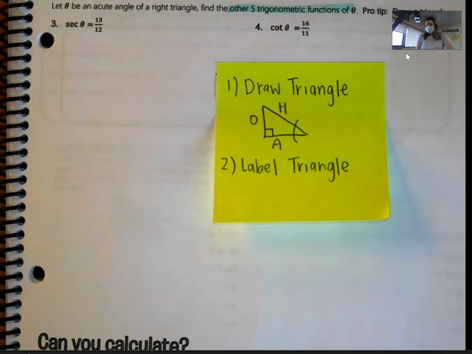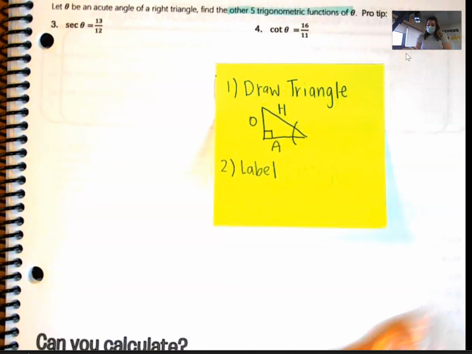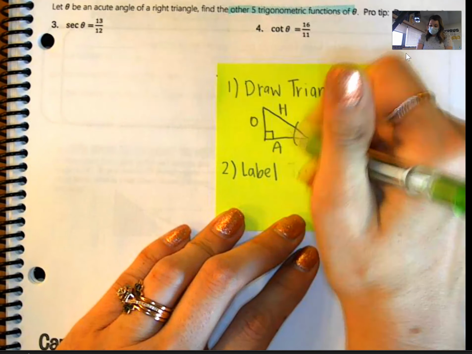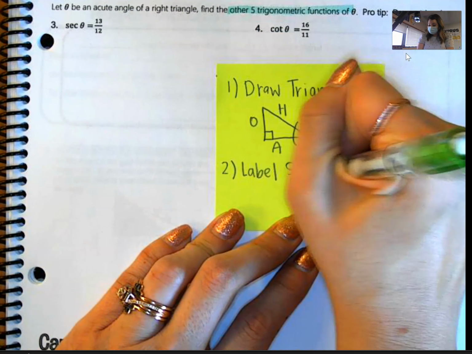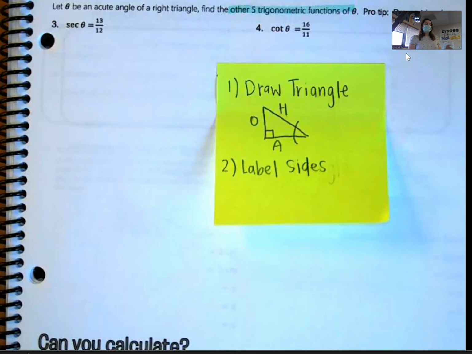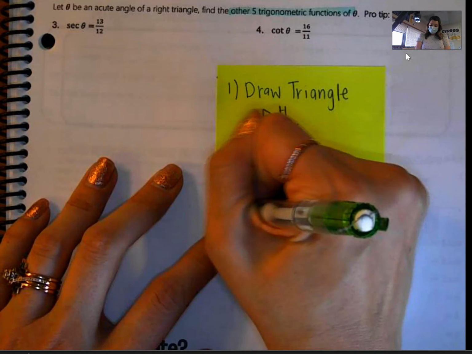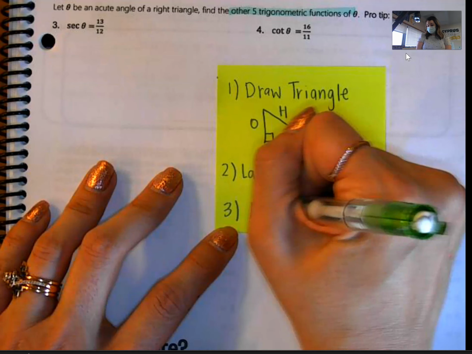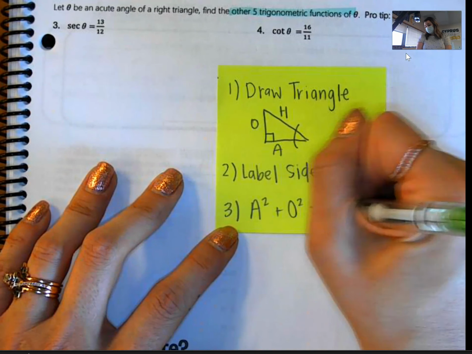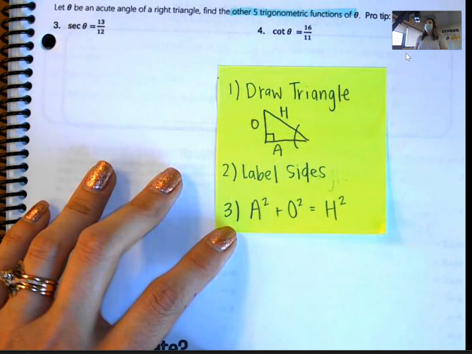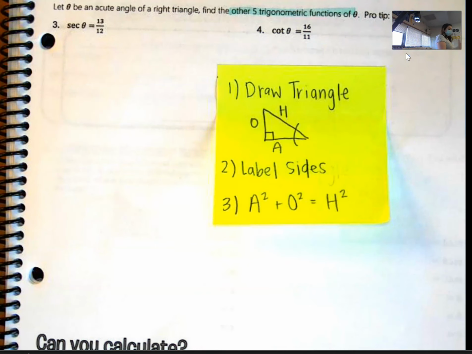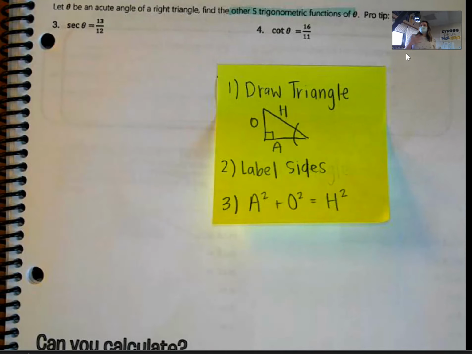So they're going to give you 2 side lengths. You write those side lengths down. And then step number 3 will be your a squared plus o squared equals h squared. So there's one additional layer here, and that you have to set up the triangle.